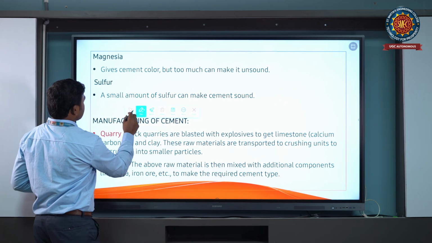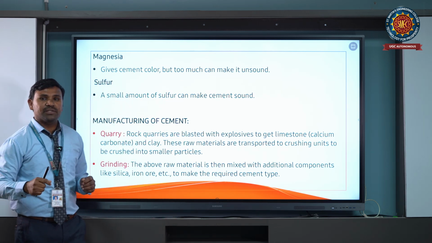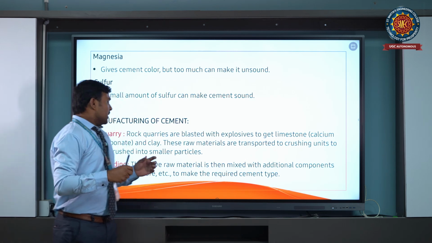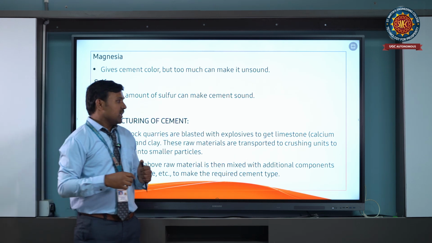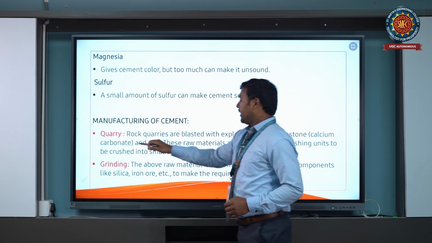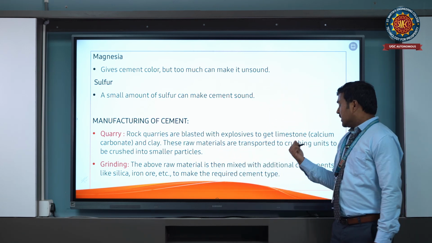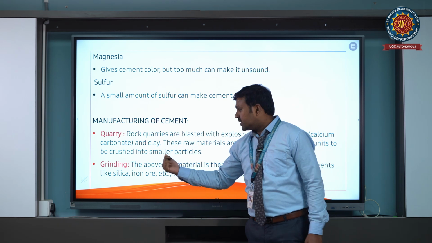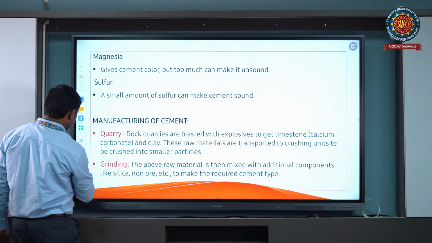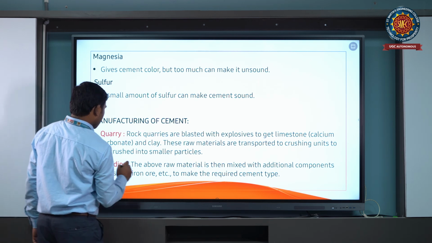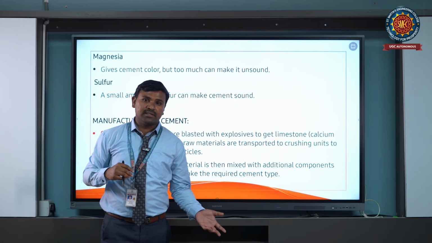And next, the process of manufacturing of cement. The first step is quarrying. Rock quarries are blasted with explosives to get limestone, calcium carbonate and clay. These raw materials are transported to the crushing units to be crushed into smaller particles, which are then transferred to the grinding section.